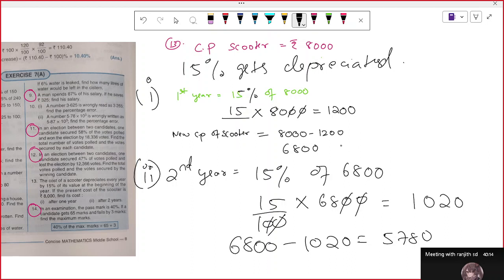Okay, this is the first method. First we find 15%, then we reduce. Understood this? 15% and reduce?